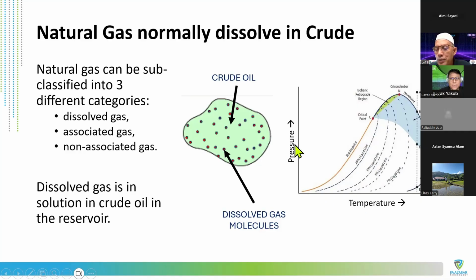As the pressure becomes higher, you can see the percentage of liquid getting less, so there will be more gas in certain areas. At high temperature, mostly everything will be in gaseous form, and that's what is shown in this graph. When we produce oil, for example, normally the gas will dissolve in that oil.